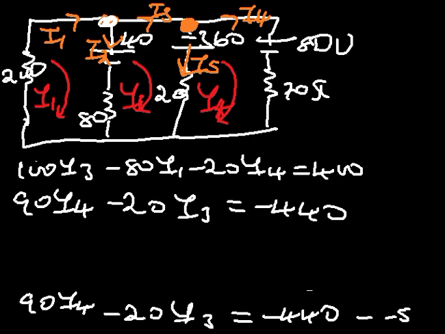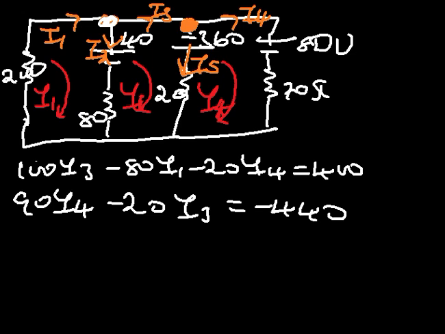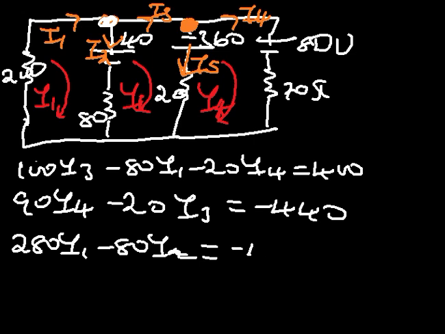And we also had the first equation from the first loop, which I removed, but if I may recall, it was 280 I1 minus 80 I3, and it was equal to negative 40.